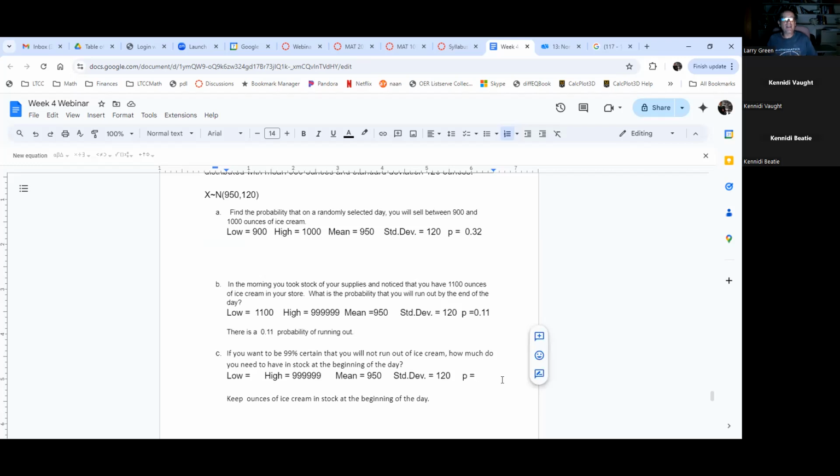See, P would be 1%. 99% chance you don't run out. There's a 1% chance you do run out. So that's 0.01. Okay. The other way to do it is say the low is negative 99999. The high is what you don't know, and then the P would be 0.99. There's two choices on this one.